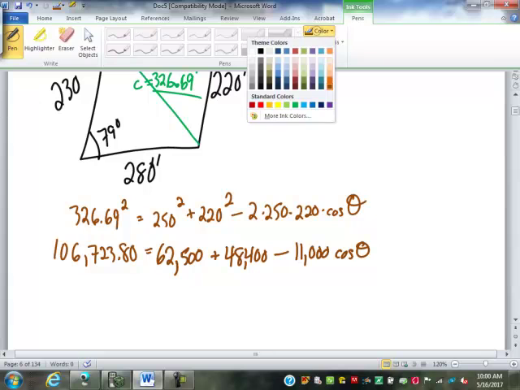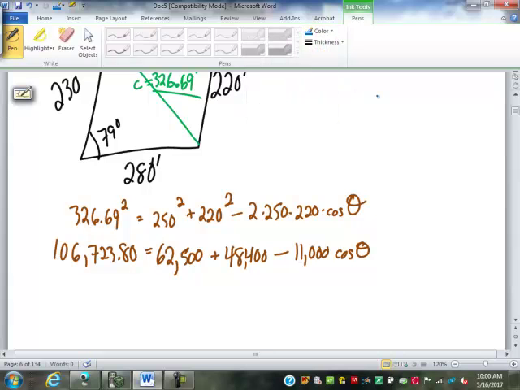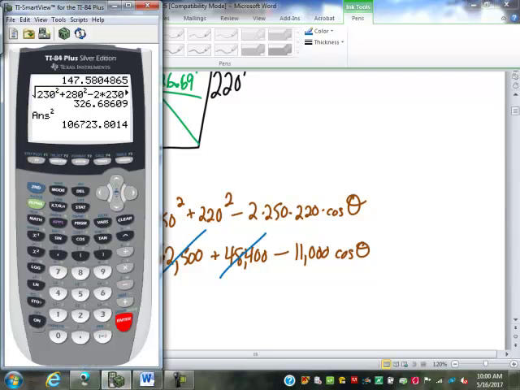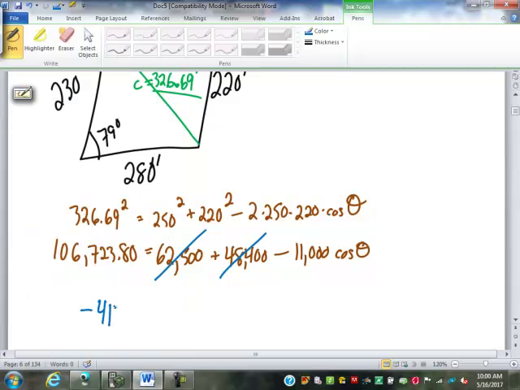There's the cosine of theta. What do we subtract? Those two, right? So I take the 106,723.8 and I'm going to subtract 62,500 and subtract 48,400 to get a negative 4176.20 equals a negative 11,000 times cosine of theta.